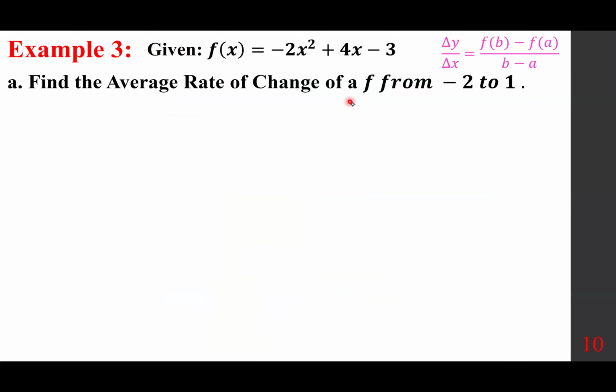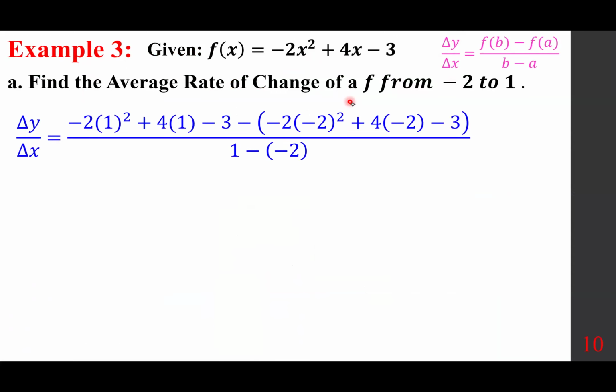Let's plug in: this is a, this is b. We are going to plug in the second point. Although if you put them in a different order, as long as you follow it at the bottom, it works the same way. So you plug in 1, and then you plug in -2. That's for the numerator. At the bottom, 1 minus -2.